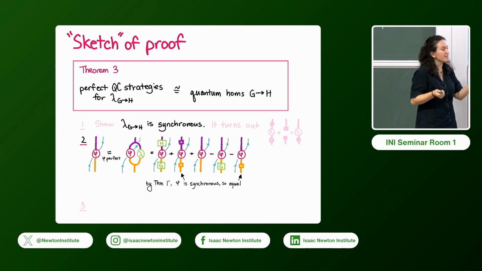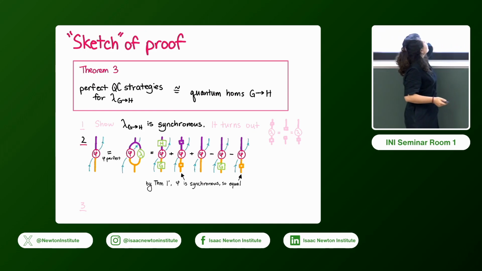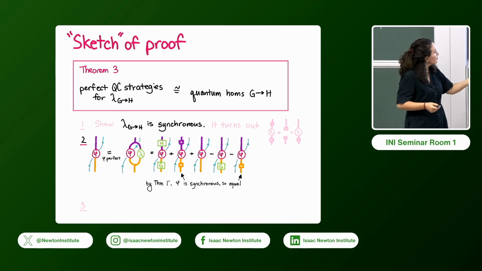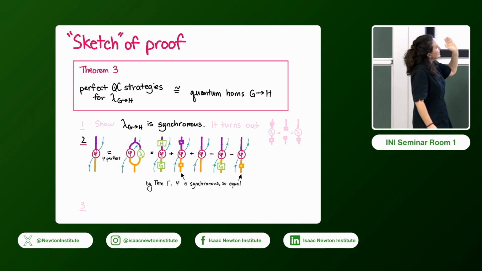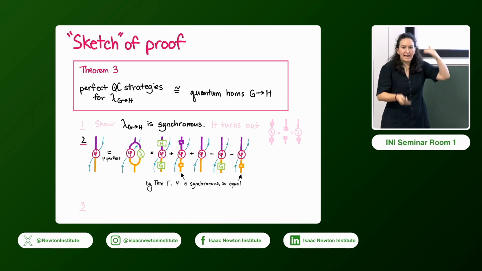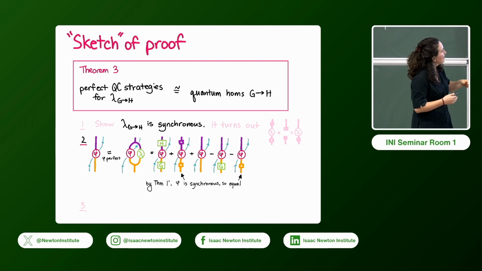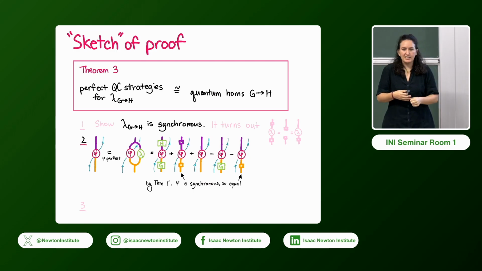That's the definition of perfect. We can then expand lambda in terms of the definition from 3 slides ago, and we get this sum of different maps applied to phi, phi contracted by various projections.